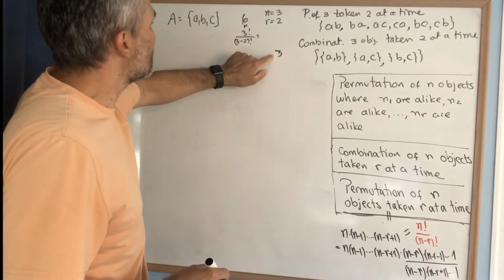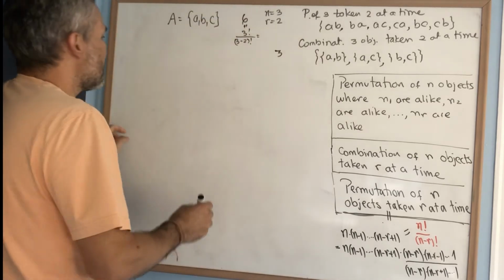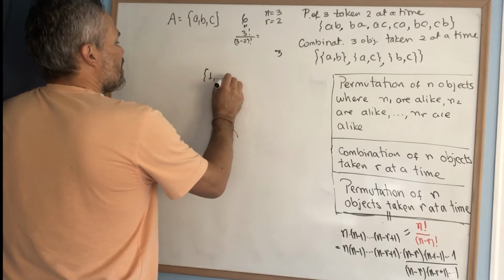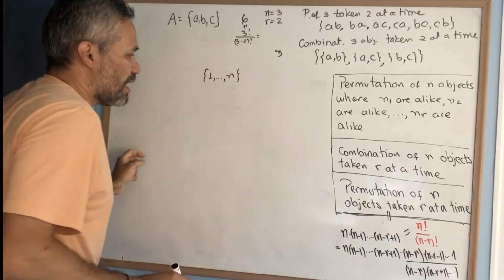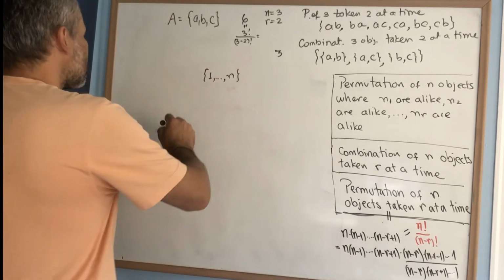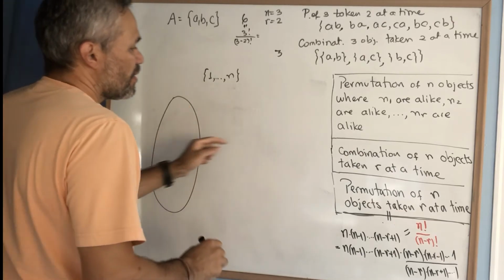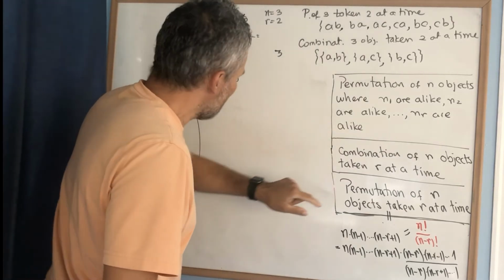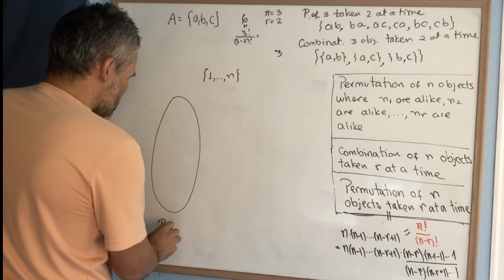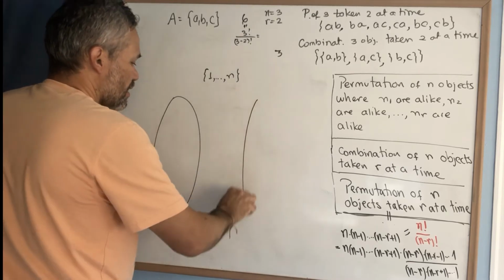Let's see the reason for this relation between 6 and 3. In general, let's suppose that we have m objects, and we want to count the number of combinations. Then let's suppose that instead of working with the number of combinations, we do the number of permutations. Here are the permutations, and here are the combinations.